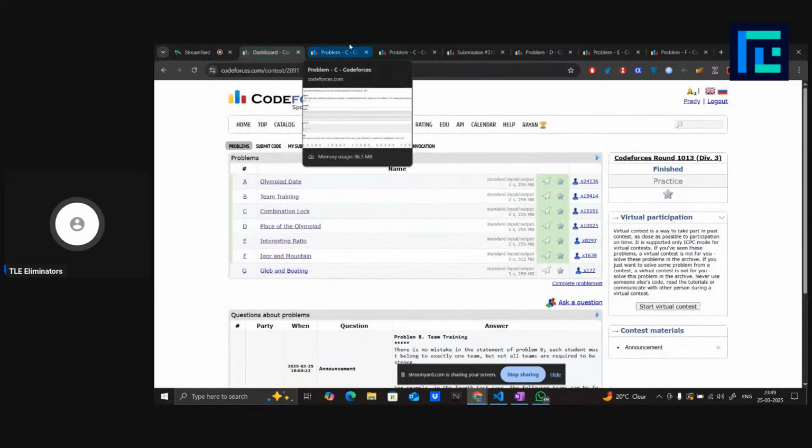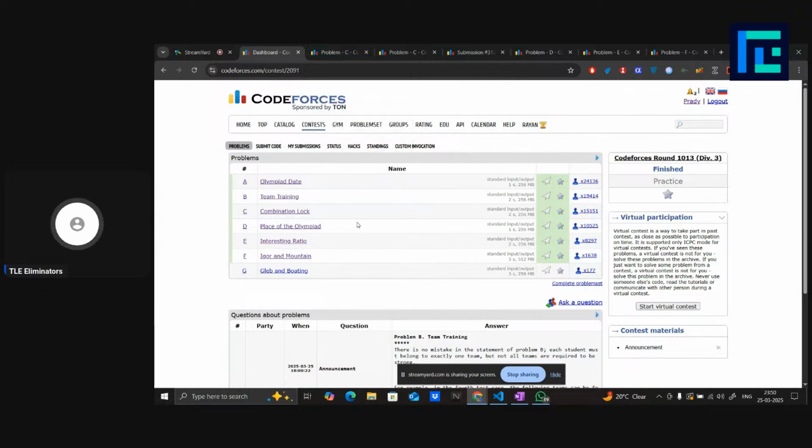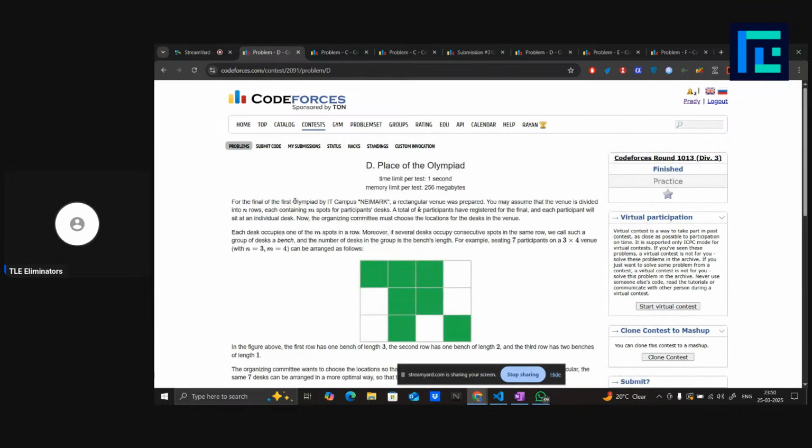Yeah, all right. So what I was saying is that that's how you can construct this permutation. All right. So if no one has a doubt, then I'll move on to the next one.